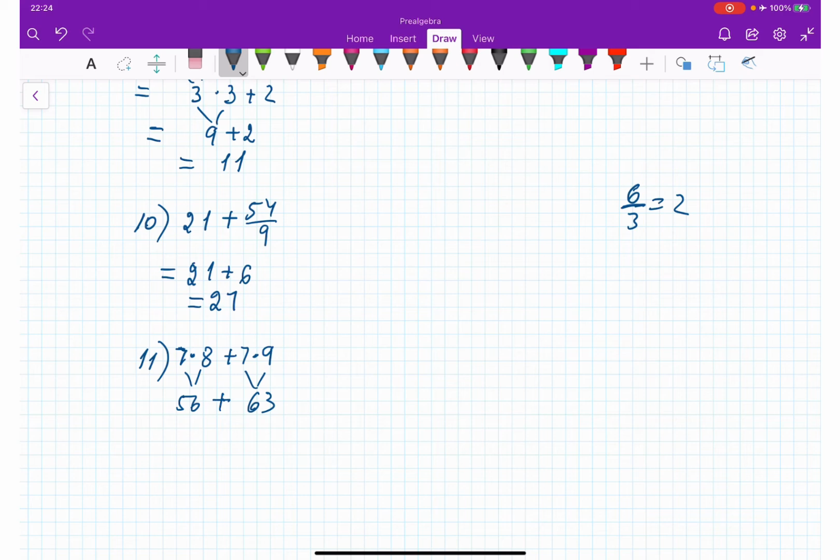How am I adding? So 56, 63. I'm starting from the back. Last numbers first. 6 plus 3 is 9, and 5 plus 6 is 11. So 119.